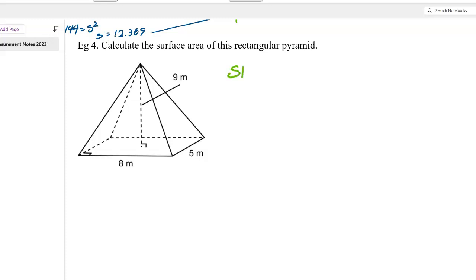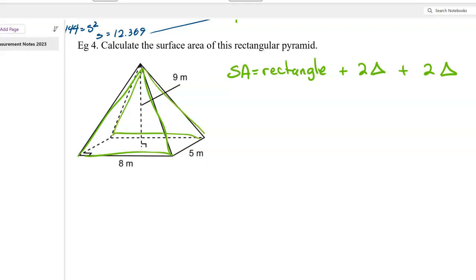To calculate the surface area, you're going to find the area of the rectangle, then you're going to find two triangles and then add up the other two triangles. One of the triangles looks like this, and it's in the front and the back. The other two triangles are on the two sides, there and there. So take a minute, pause the video, and give this a try.